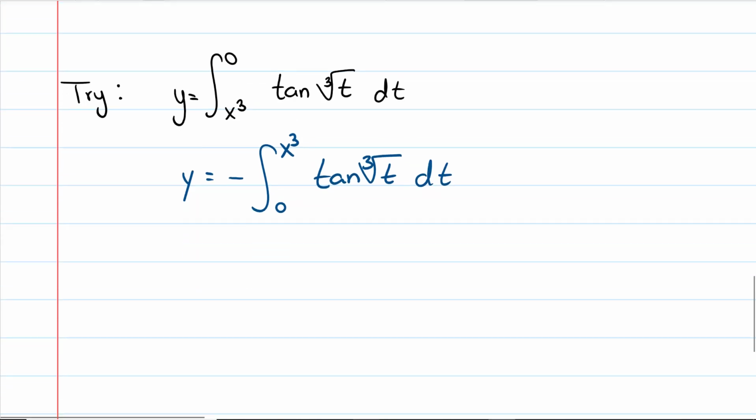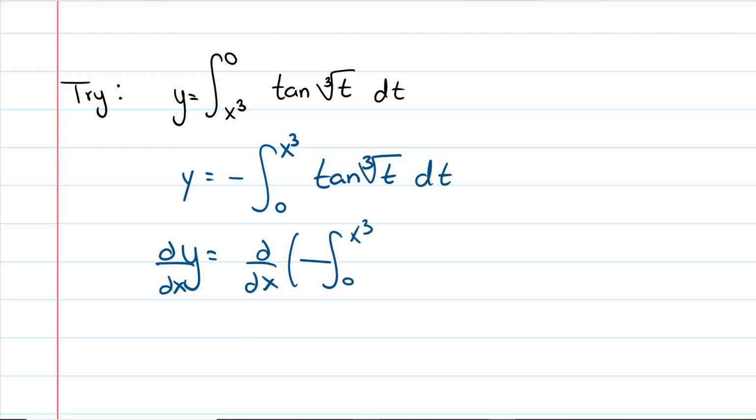Okay, now that I have that, I can go ahead and just apply the fundamental theorem of calculus. So I get dy dx is equal to d dx of negative the integral from 0 to x cubed of tangent of the cube root of t dt.